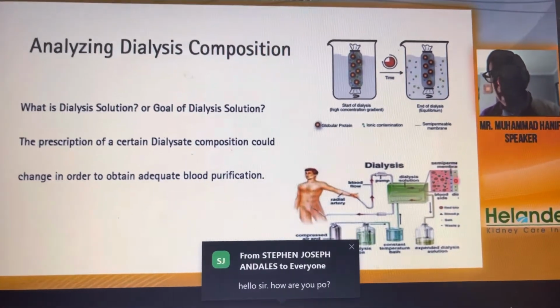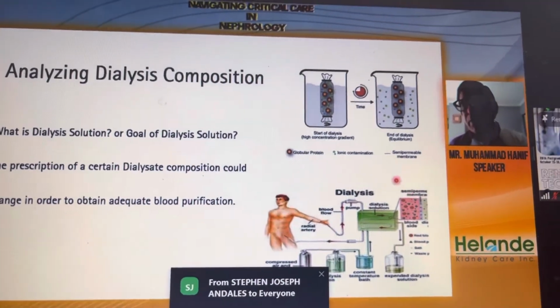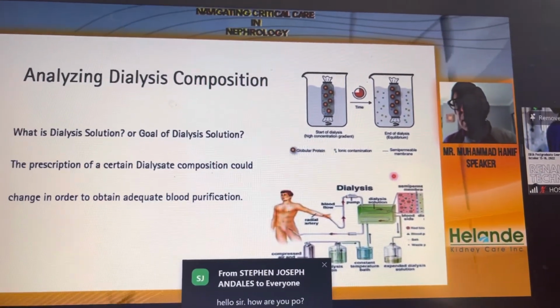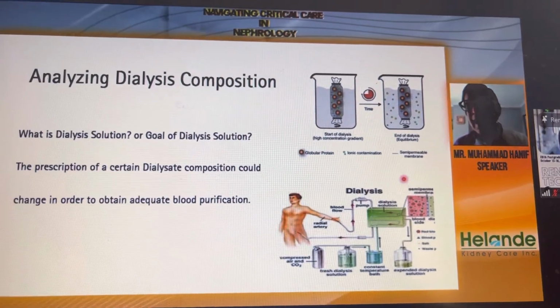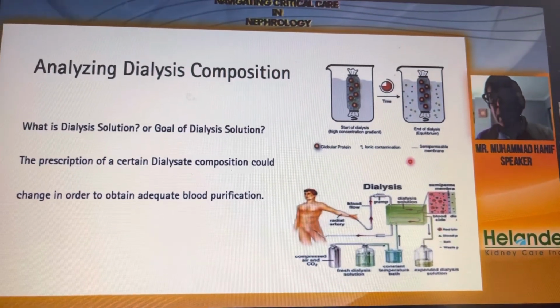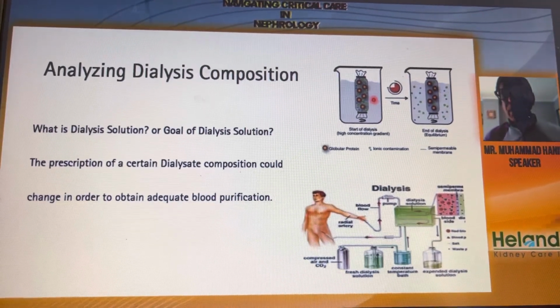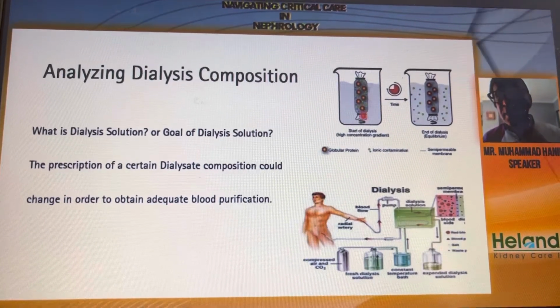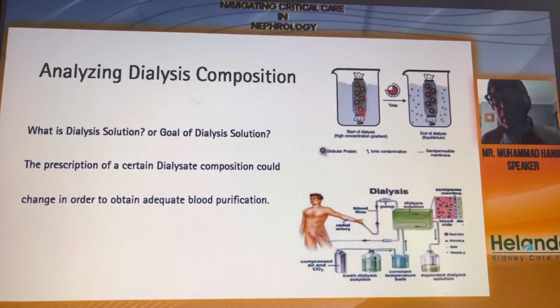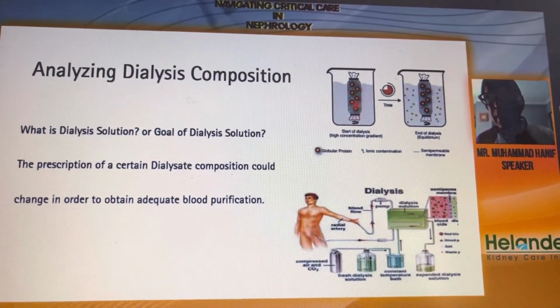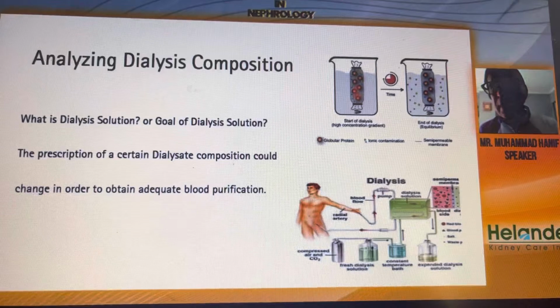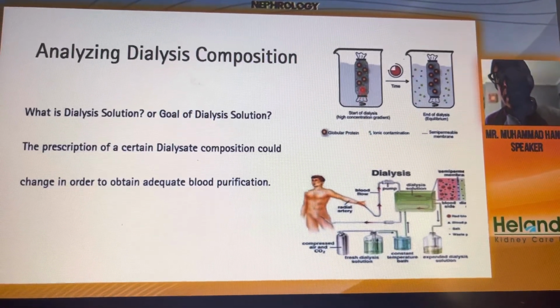When the solution is out, that is the time when all the toxins will be removed and the acid base will be balanced. Here in another diagram, this is the start of dialysis. Here you can see this is the dialyzer, and in the dialyzer you can see a lot of toxins.